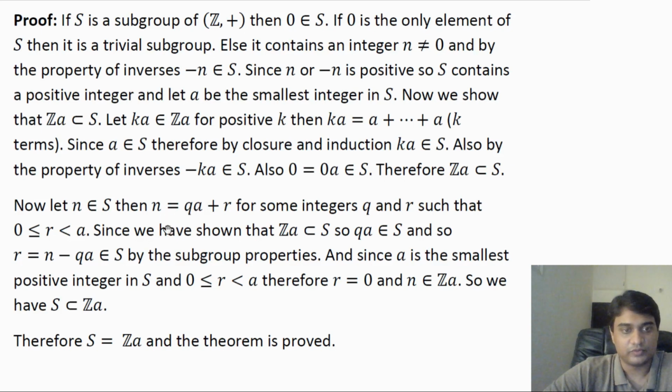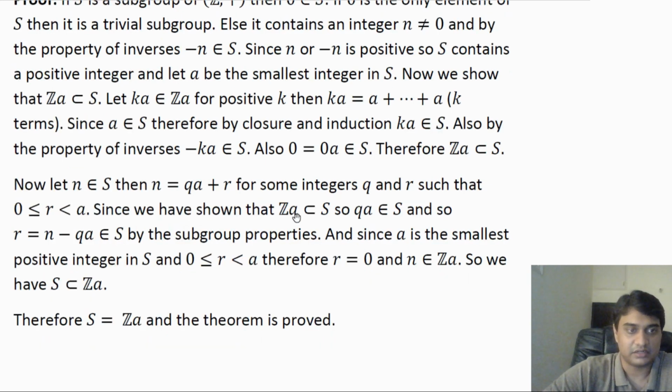n can be written as n equals q times a plus r, where q and r are integers, and 0 less than or equal to r less than a. So r is an integer between 0 and a, including 0 but not including a. Right? This is basically the remainder theorem. It is quite obvious if you picture it.